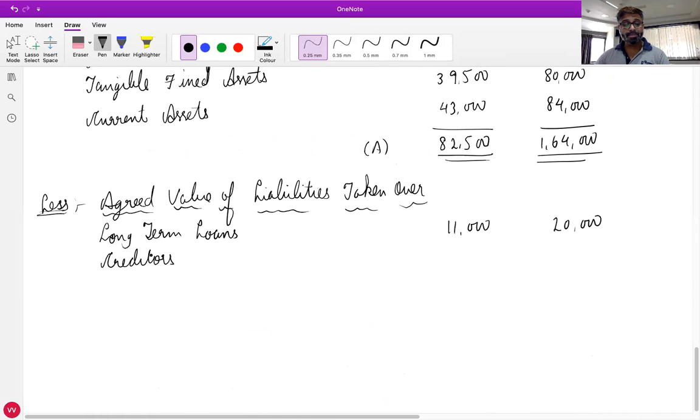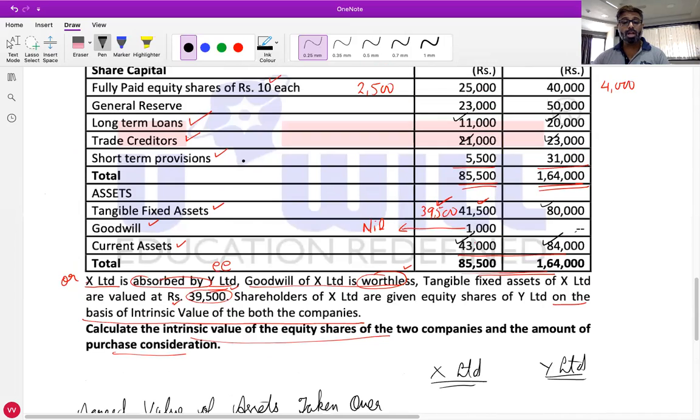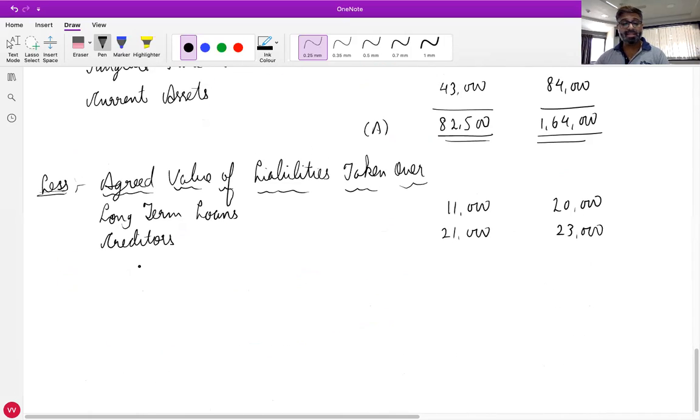Creditors 21,000 and 23,000. Then short-term provisions 5,500 and 31,000.